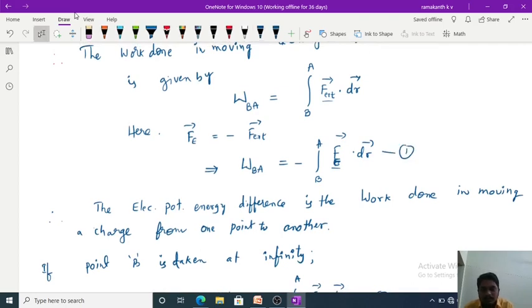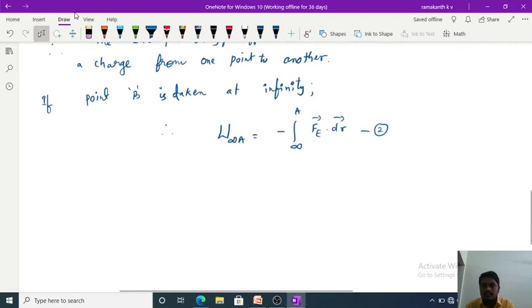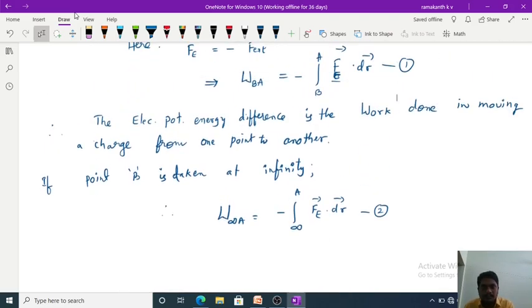So what is this? Work done in bringing a positive charge from infinity to a point A is called the electric potential energy. Therefore, this is the electric potential energy difference.